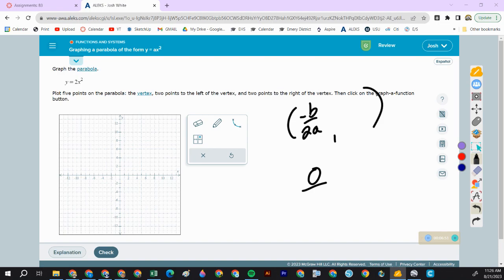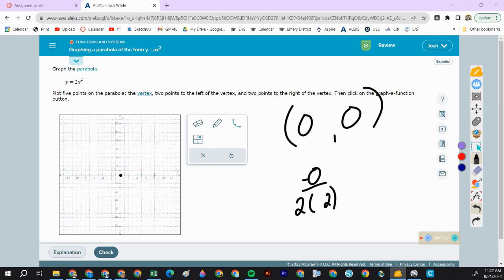So negative 0 over 2 times, what's a? 2. So negative 0 over anything is 0. How do I find the y value of the vertex? Plug that in, and I get 0. So here the vertex is 0, 0.